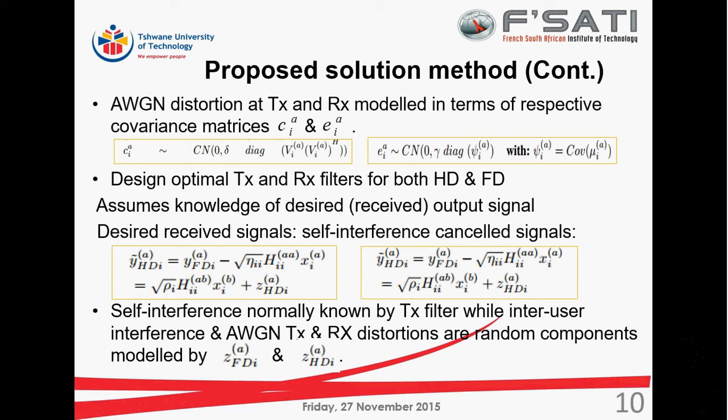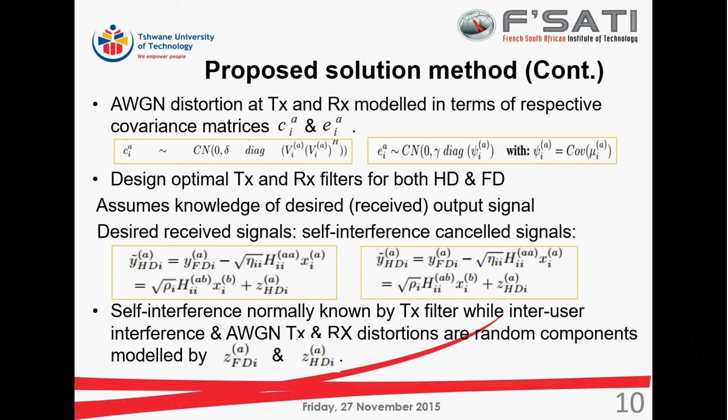This is the signal with self-interference cancelled and is modeled as y with a small cap, being the actual signal being received minus the impairment. Self-interference is normally known at the transmitter and therefore can be taken care of in a deterministic way through the design of an optimal transmit filter that will get rid of it.